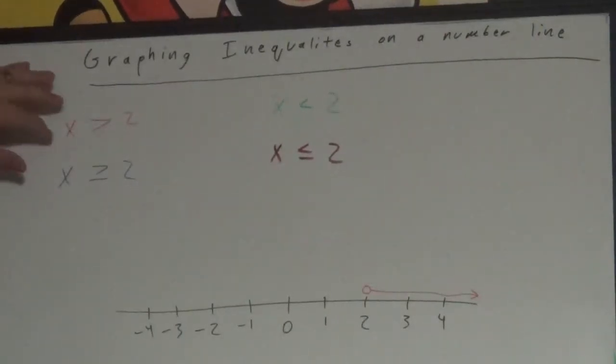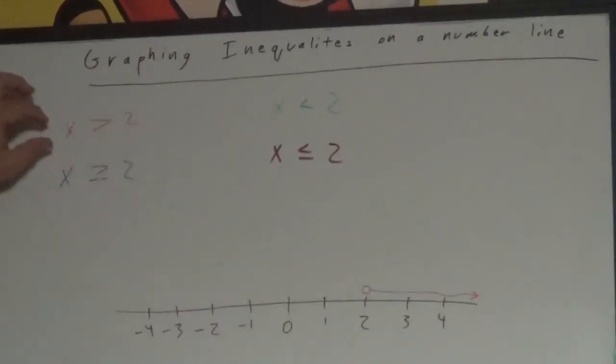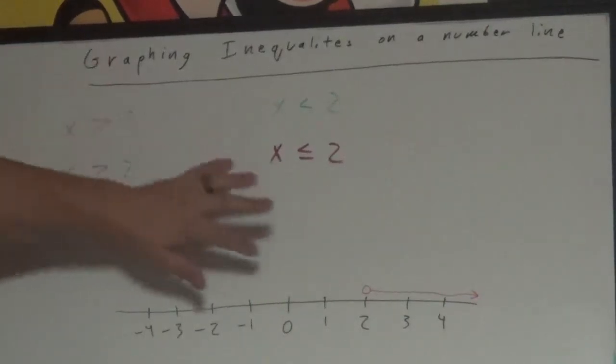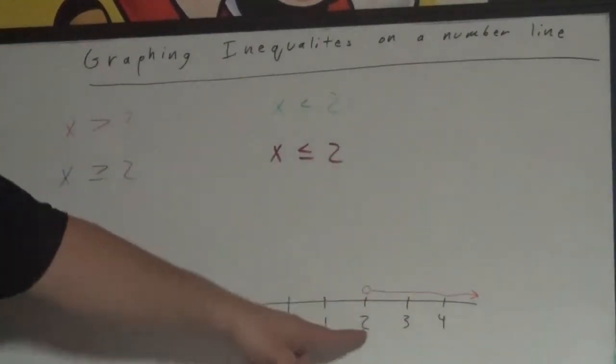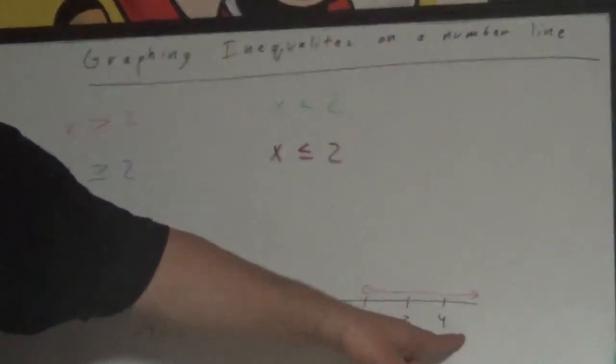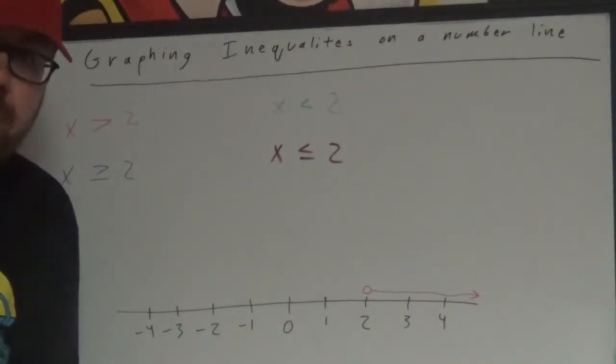So, second thing is the arrow, and this is telling us x is greater than 2. So, well, look at the number line. Which side has numbers that are bigger than 2? Of course, it's this way. So that's why the arrow goes in that direction.